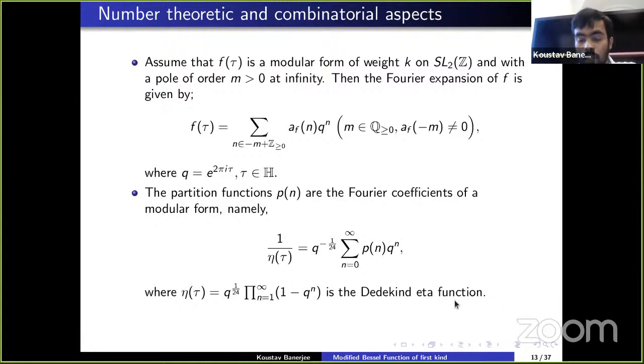This is the Dedekind eta function, discovered by Dedekind in 1877. So p of n we can write in this notation: p of n is a f of n minus 1 over 24 for f equal to 1 over eta. As f varies, we can get more nice Fourier coefficients, which have certain very good number theoretic features.